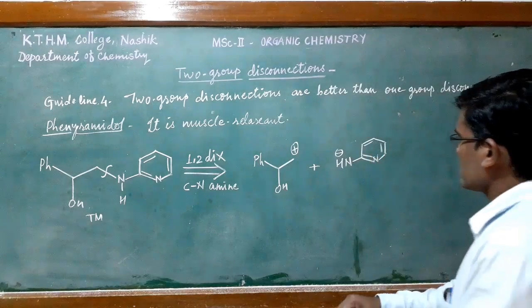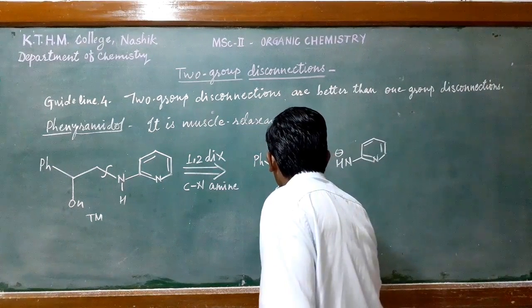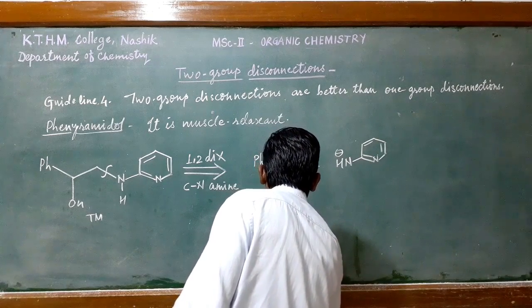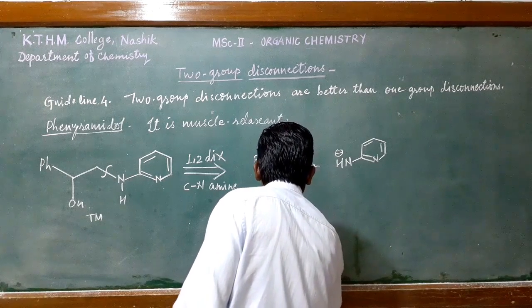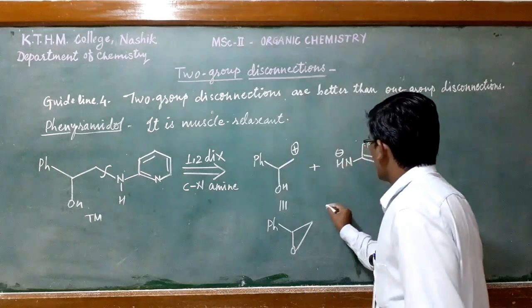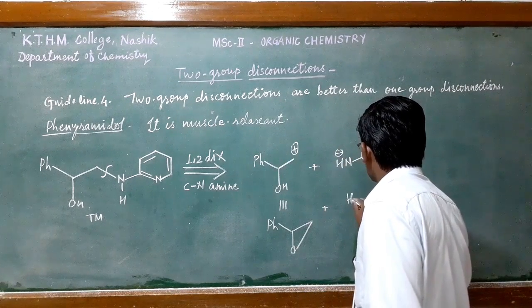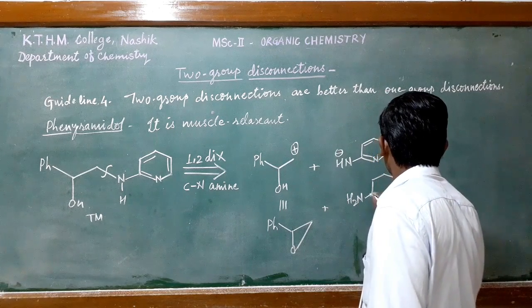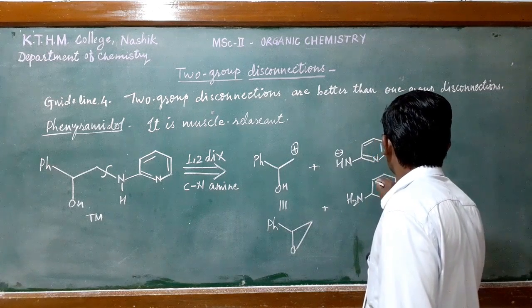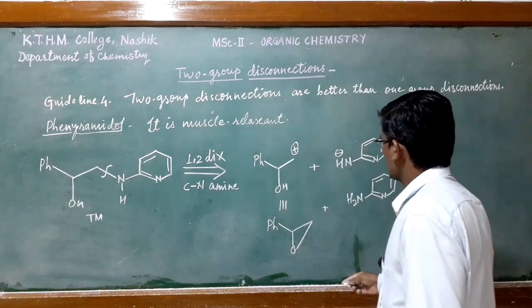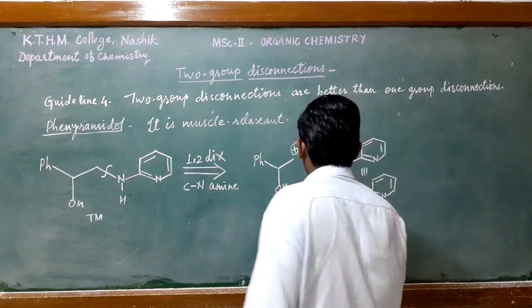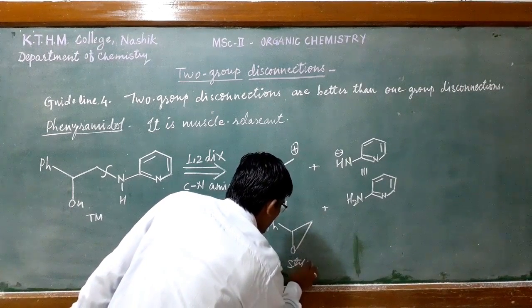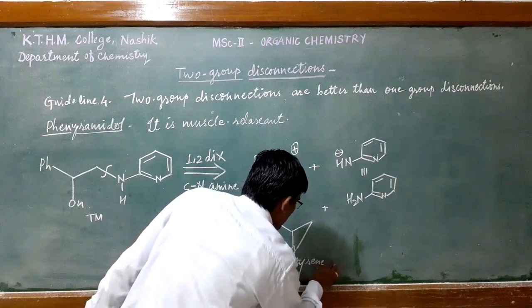So we can translate these two synthons, and this one to this 2-aminopyridine. Okay. So this is styrene oxide.